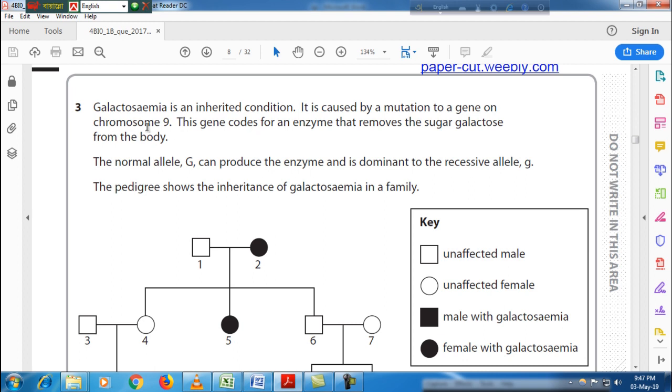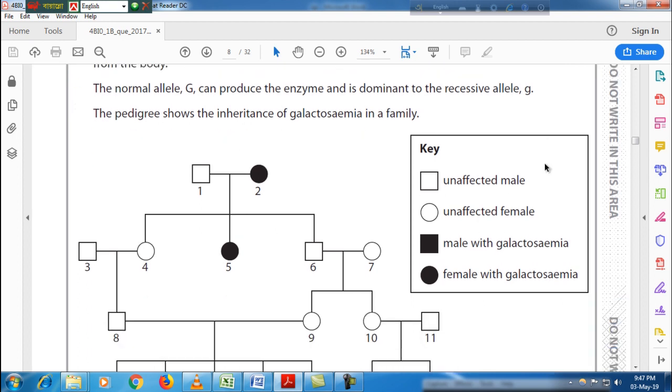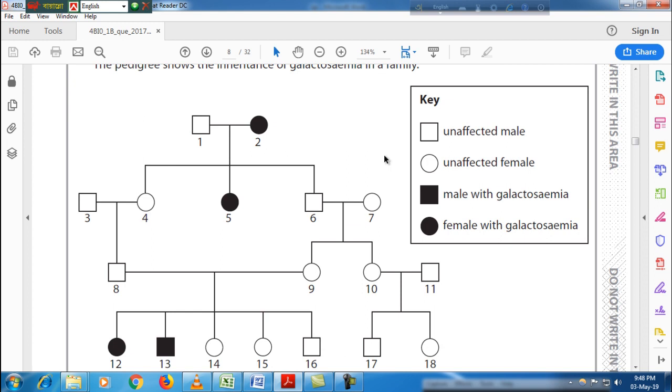In chromosome 9 there is a mutation of the gene. This gene codes for an enzyme that removes the sugar galactose. Normal allele capital G can produce the enzyme and is dominant. Recessive allele is small g. The pedigree shows the inheritance of galactosemia in a family.